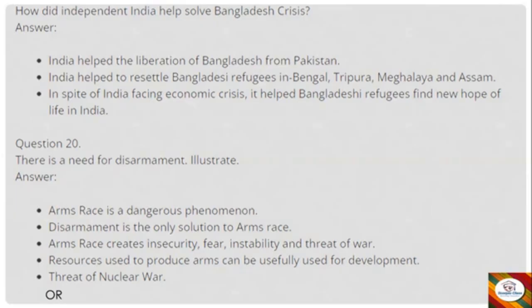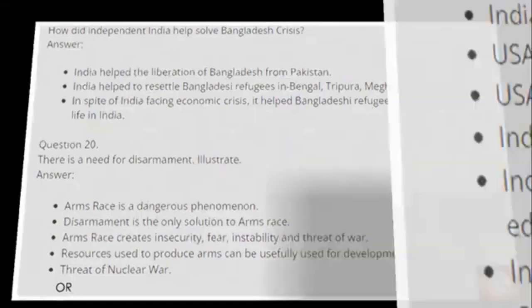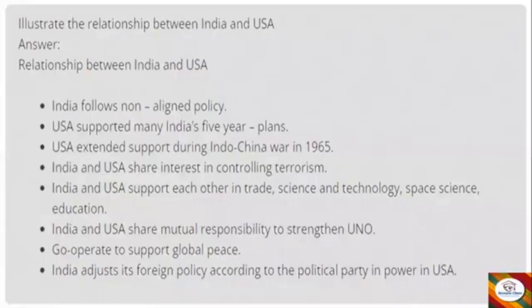Now there's one more option here in question 20. So let's see the next question. It's illustrate the relationship between India and USA. The answer: the relationship between India and USA is as follows. India follows a non-aligned policy. USA supported many of India's 5-year plans. USA extended support during the Indo-China War in 1965.